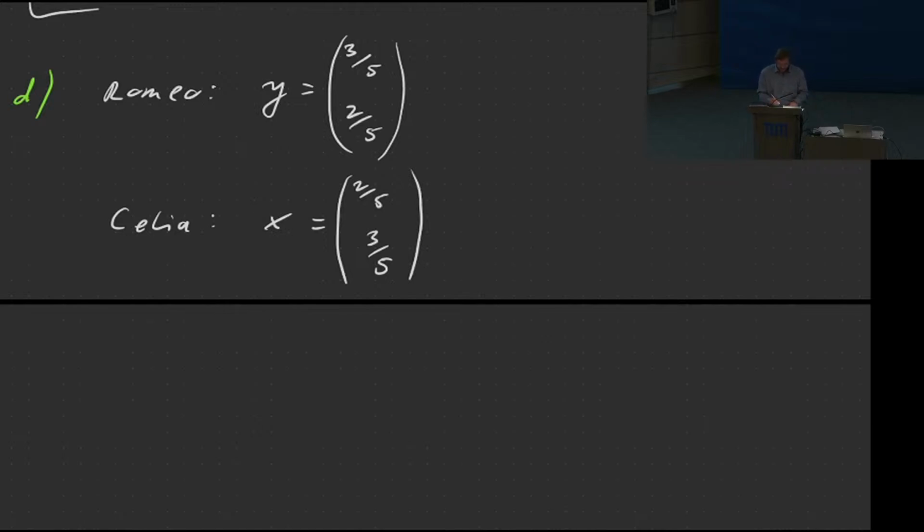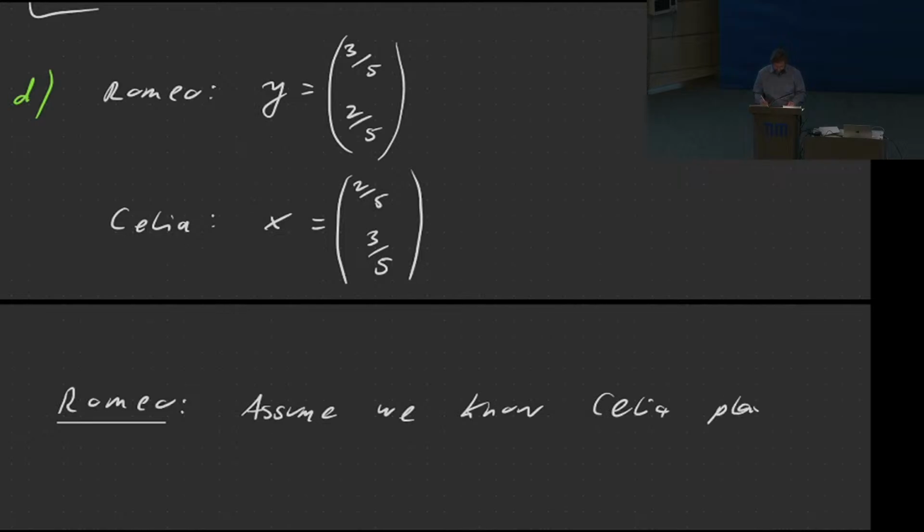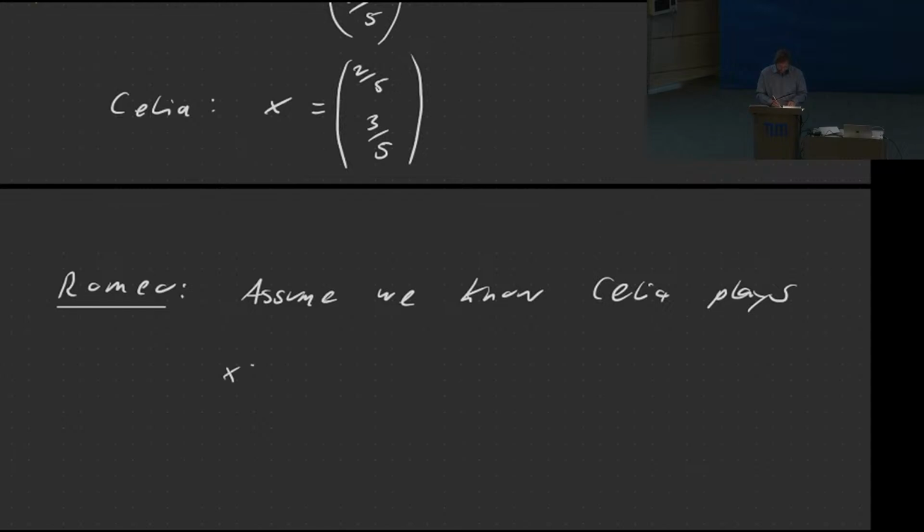So let's maybe first take a look at Romeo's point of view. Say we know that Celia chooses this strategy. And now we want to find out what is Romeo's best response to that. So assume we know Celia plays X equals 2/5, 3/5.